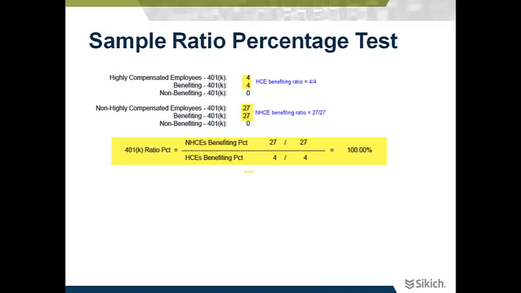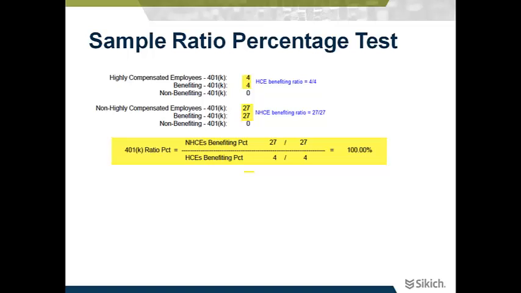Let's take a look at a sample plan here. In this first example, we see the 401k component, the salary deferral component. And as you can see, there's the non-highly compensated employee benefiting ratio and the highly compensated employee benefiting ratio. And we've taken the non-highly compensated employee benefiting ratio and divided it by the highly compensated employee benefiting ratio for a ratio percentage of 100%.